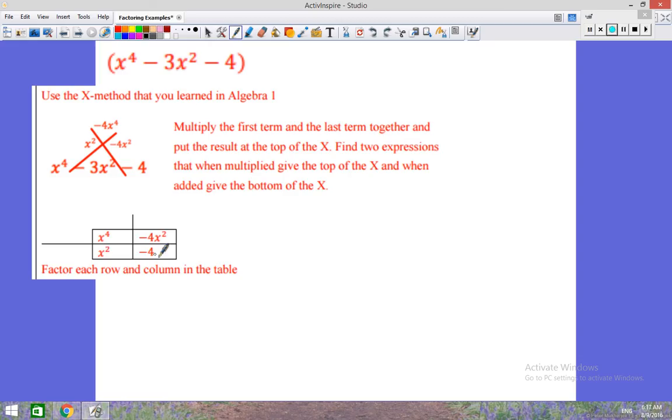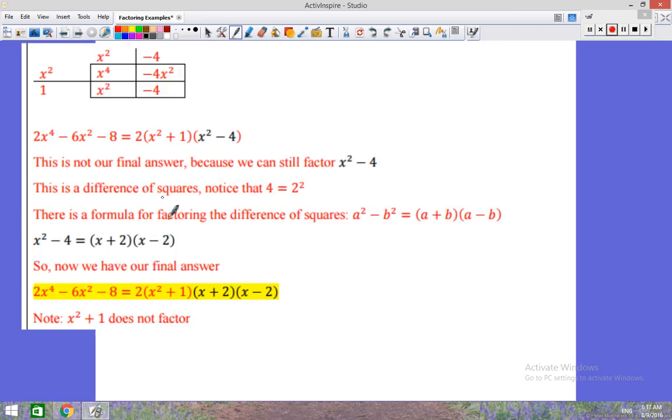They don't have anything in common, so we just have the value 1. We look in this column and we see that the negative 4x squared and negative 4 have a negative 4 in common. And then also we look and see that the x to the fourth and negative 4x squared only have an x squared in common. So it's easy to get the outside of this table and to check it. X squared times x squared is x to the fourth.